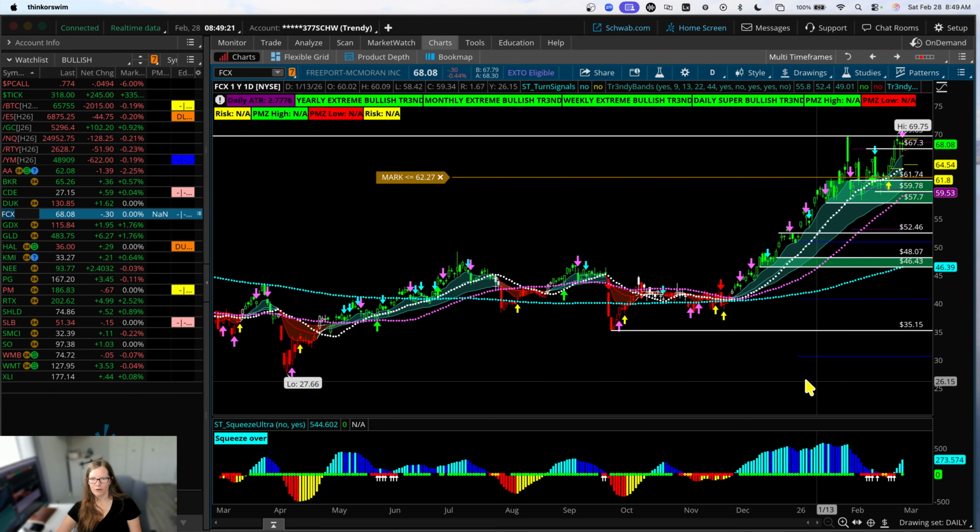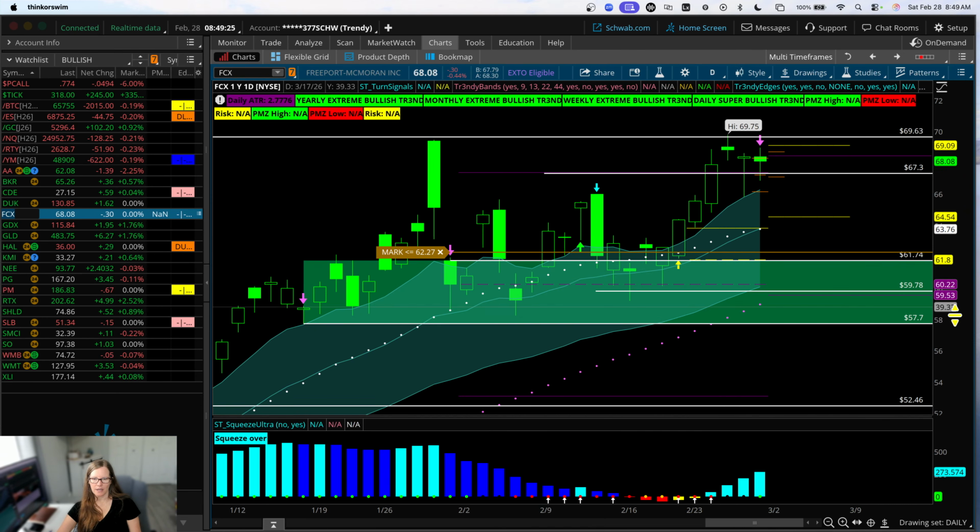Let's look at Freeport. Freeport has been in a daily squeeze. It looks like yesterday it fired, which seems odd to me, but maybe. I'm not quite sure about that. You see the green dot here on the ultra squeeze. It's showing it as fired, but I'm not seeing that.